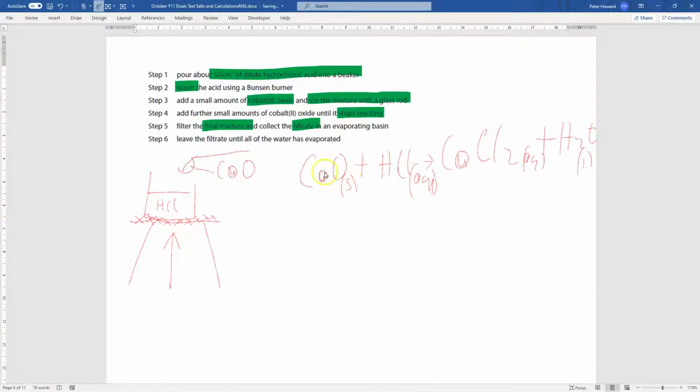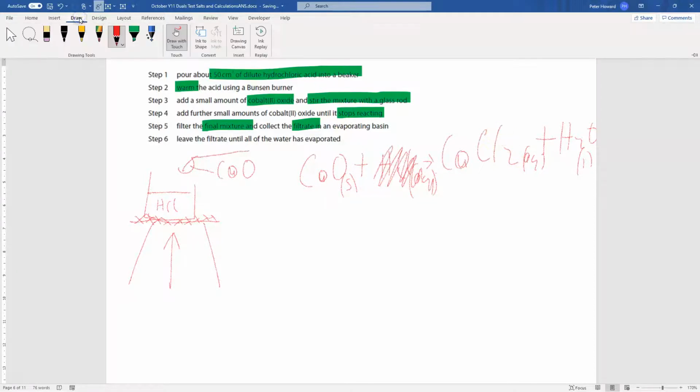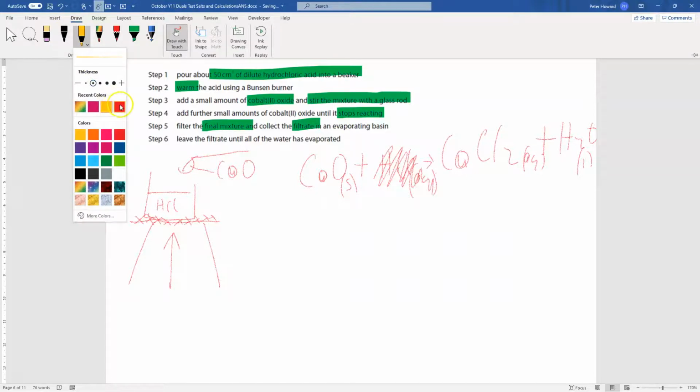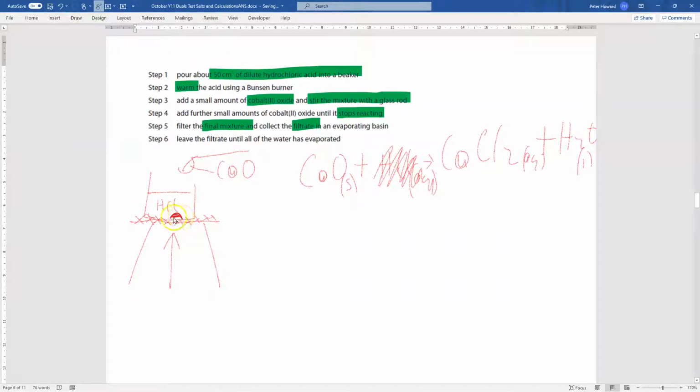And over time, we're adding lots of this solid here, and so that's using up, and eventually there will be no acid left. So we'll have a cobalt oxide and the cobalt chloride. We'll know we've added an excess of cobalt oxide because we will see at the bottom of here a small pile of the cobalt oxide. Then it says filter. So this is where we use our filter funnel.